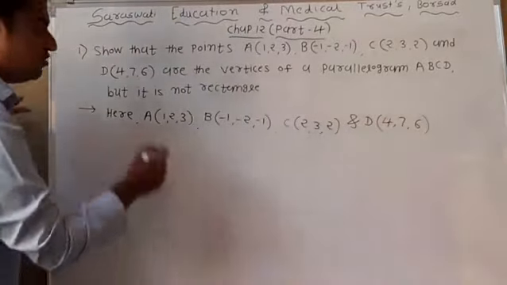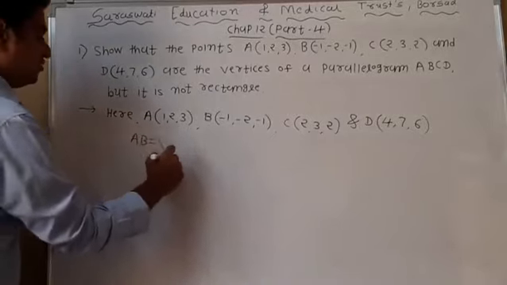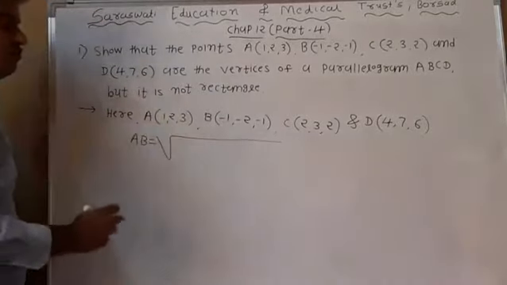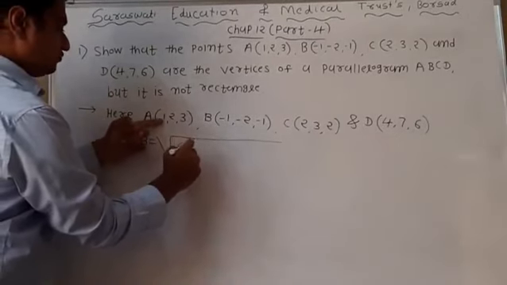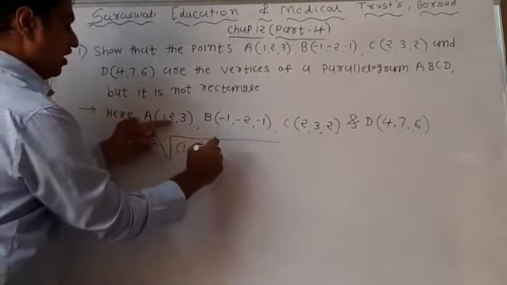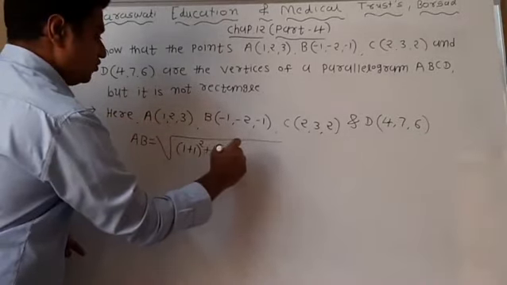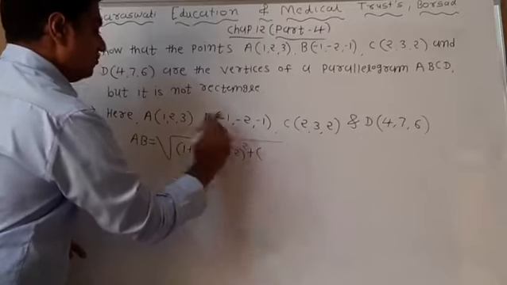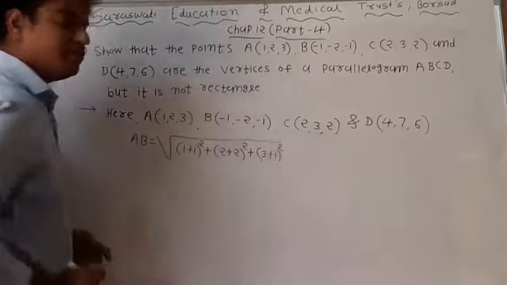Now using the distance formula, AB is equal to the square root of (1 minus minus 1) whole square plus (2 minus minus 2) whole square plus (3 minus minus 1) whole square.